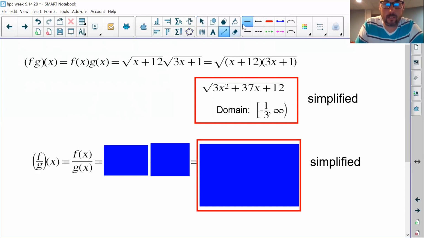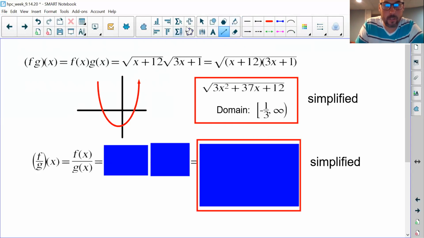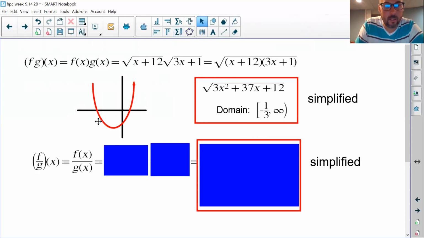Now, I want to pause here and briefly talk about a little oddity. On the previous quiz, you were faced with a question similar to this. If I just gave you this function, without any of the history, what is the domain of the square root of 3x squared plus 37x plus 12? You would hopefully realize to factor this, and by factoring, you would get the two zeros.